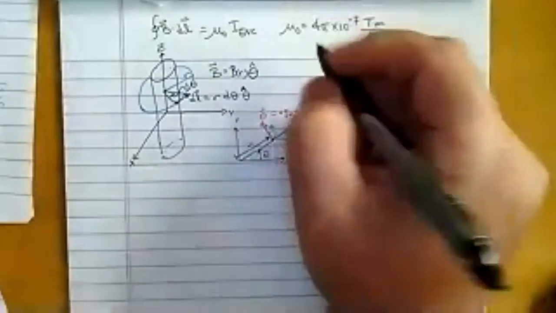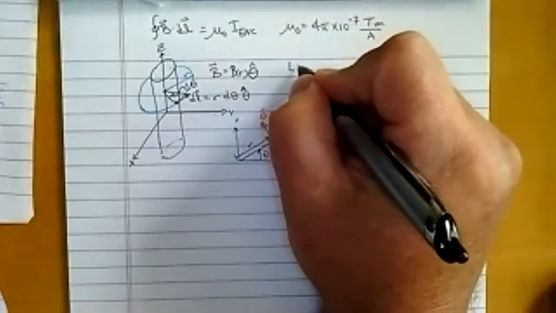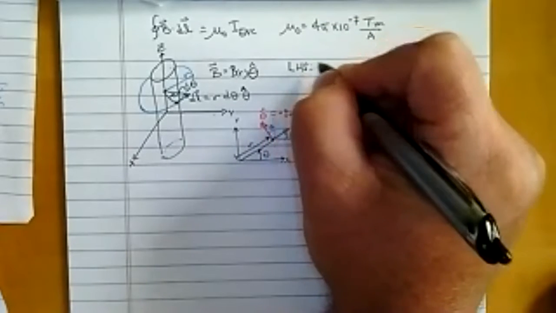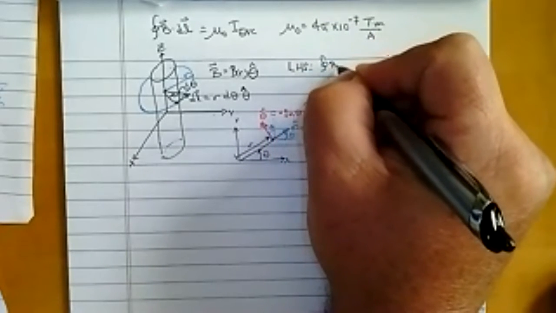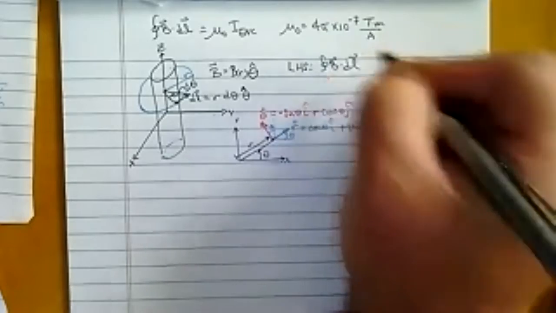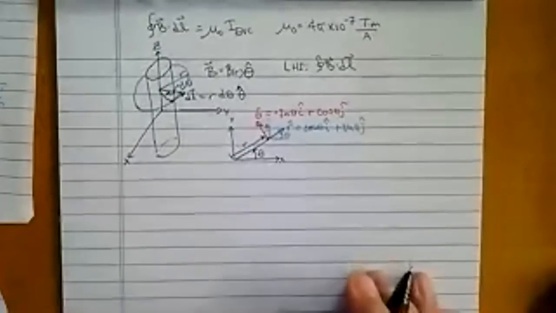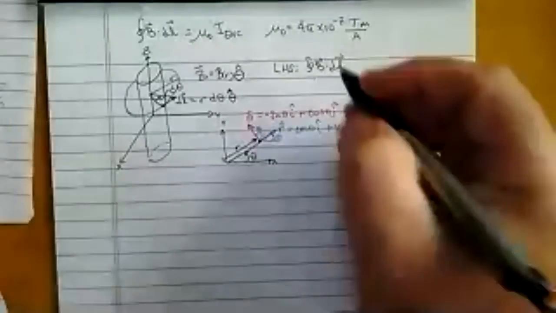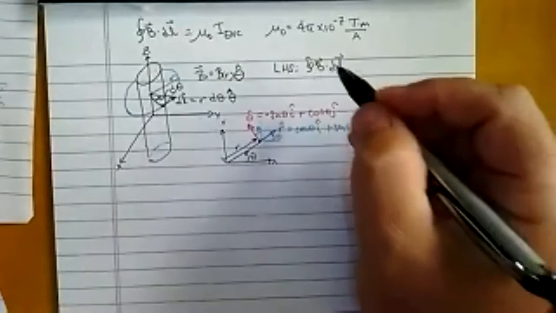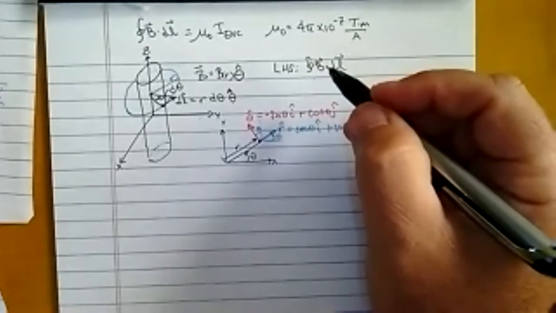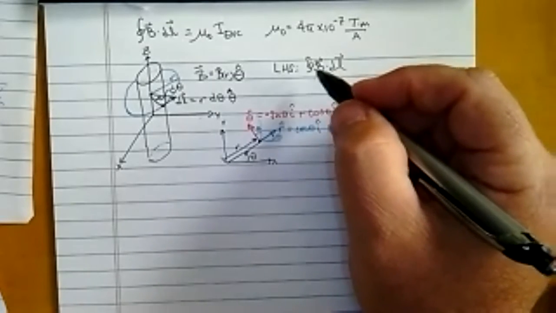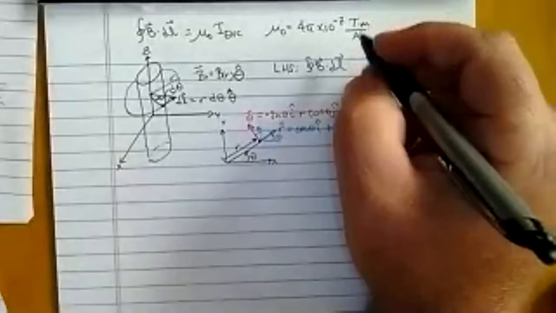Now, what that means is I take the left-hand side of Ampere's law, which is the closed integral of B dot dl, and I compute that. And it looks horrible. It's an integral. It's got a circle on it, which we've never seen before. It's got a dot product, well, we have in Gauss's law. It's got vectors. It just seems horrible.